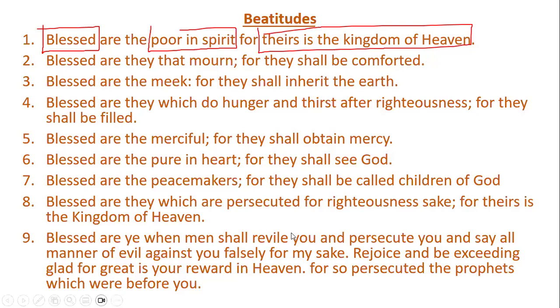Okay, give me one beatitude. What's your favorite beatitude on this list of the 9? Just state the number. 1, 2, 4, 6, 7. 7. 5. 4. 1.